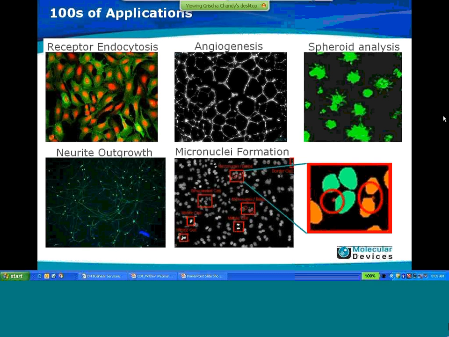High-content screening enables hundreds of applications at a variety of optical resolutions, from receptor endocytosis assays, where you're trying to quantify the little dots in cells, angiogenesis assays, counting large objects like spheroids, high-resolution assays like mitochondrial formations for genotoxicity assays, and neurite outgrowths. Most of the talk is going to be on doing neurite analysis, but high-content screening allows you to do a variety of mitochondrial assays in a screening setting.